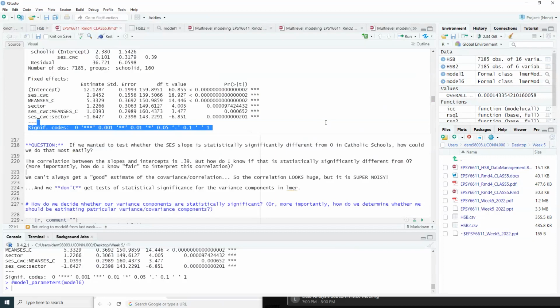Because it's a between-cluster variable, it can't possibly explain within-cluster variance. It can only explain between-cluster differences either in the intercepts or, if we have this, in the randomly varying slopes.